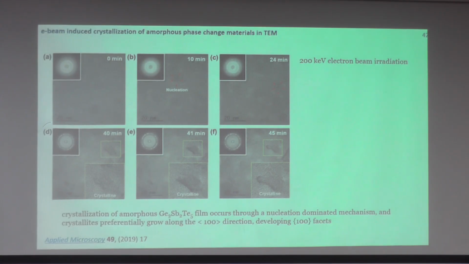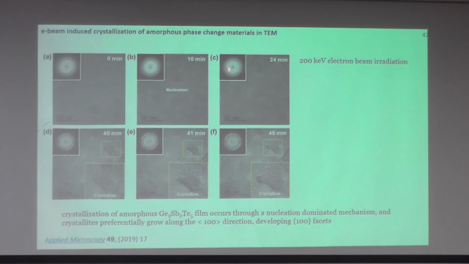And then after 10 minutes of electron beam irradiation, you can see the formation of crystal nuclei. In the electron diffraction pattern, here the FFT, the Fourier transformation, you can see the formation of additional reflections, like dots, and this is a signature of crystalline lattices.